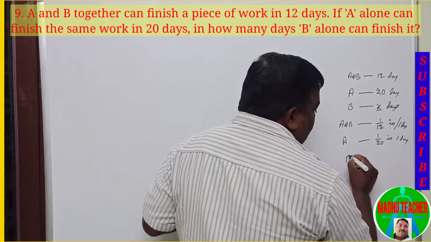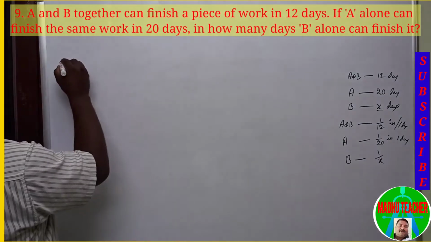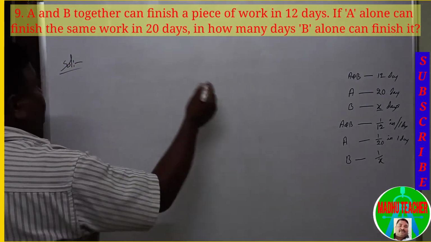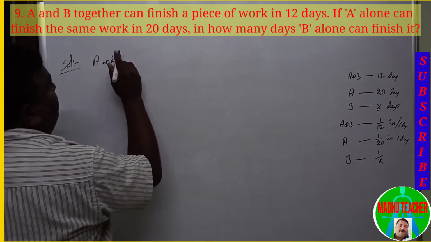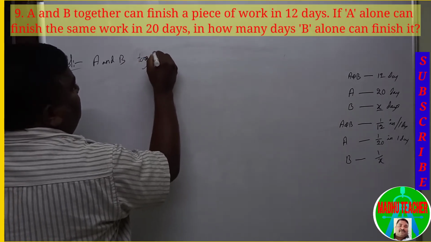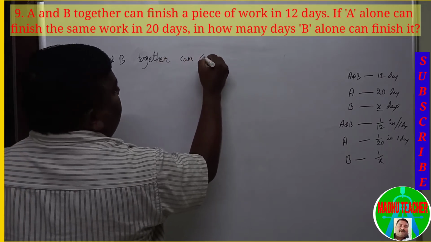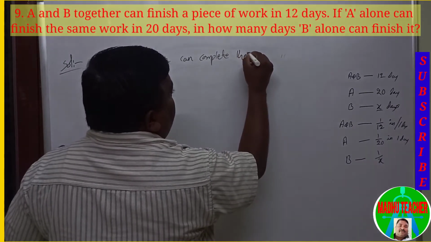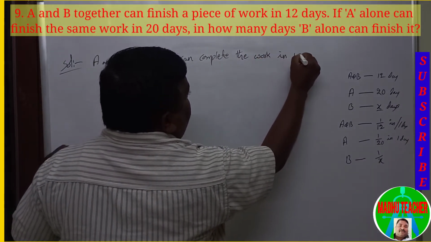Therefore, B alone can complete 1 by X of the work in 1 day. So let us write in pairs. A and B together can complete the work in 12 days.